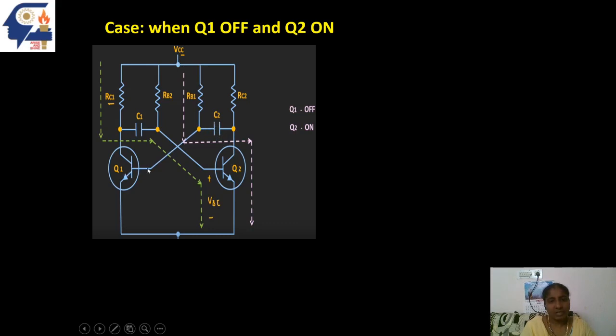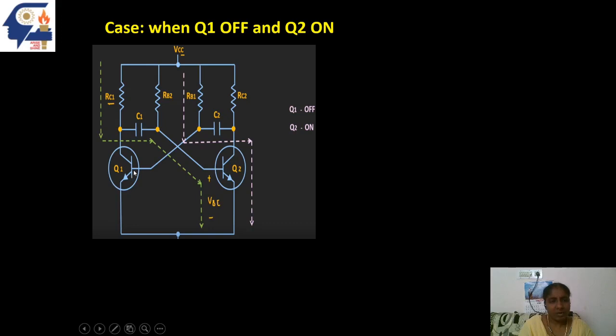Here the voltage is VCC minus VBE. The negative end is connected to the base of Q2 transistor.